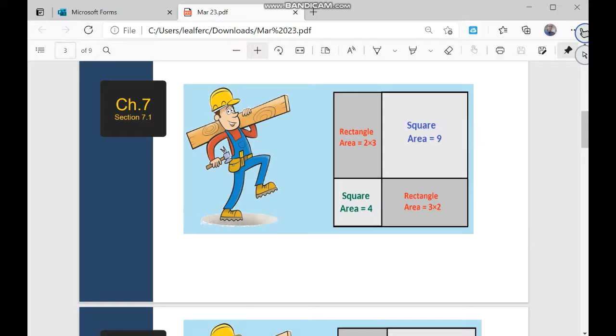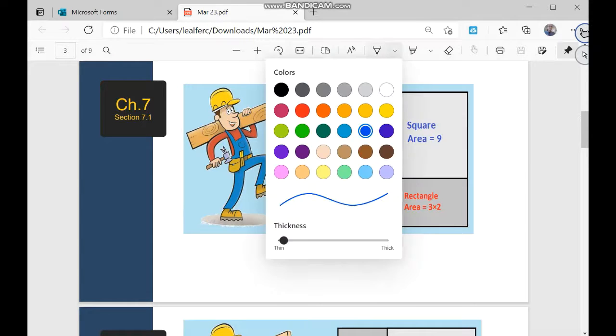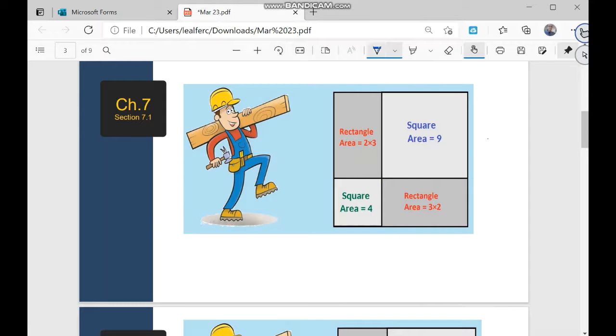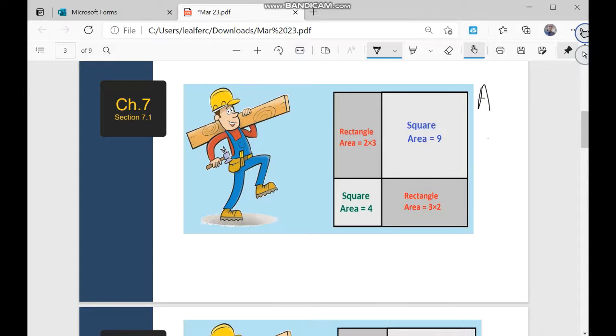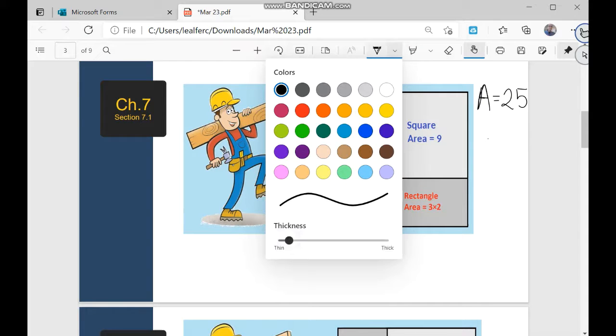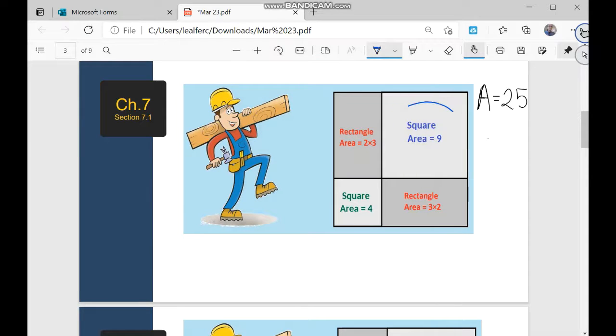Check this out. Maybe you also remember this picture from yesterday. This was our bell work from yesterday. Remember, we found that the area of the whole large square, the whole office, is 25 square meters. And we can find this area by adding. We can add this square, 9.